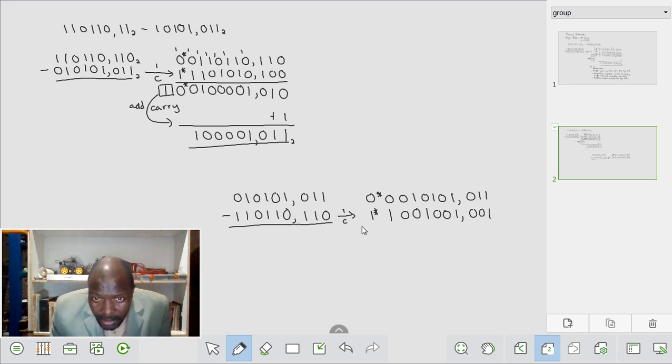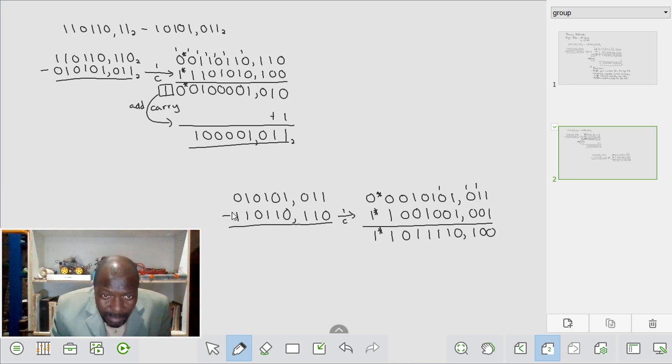Then we add. 1 plus 1 is 2. 1 plus 1 is 2. 1 plus 0 is 1. The comma stays. 1 plus 1 is 2. That's a 1. That's a 0. That's a 1. And we expect this 1.